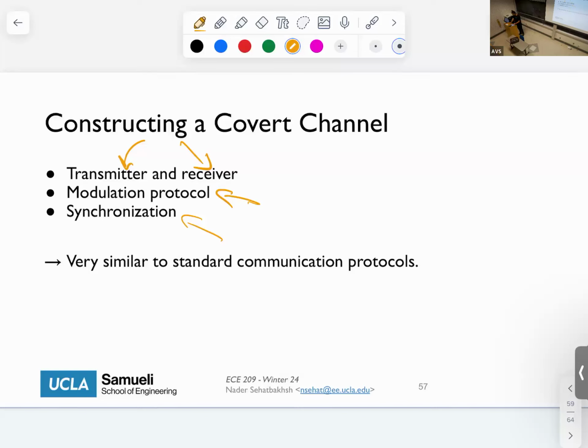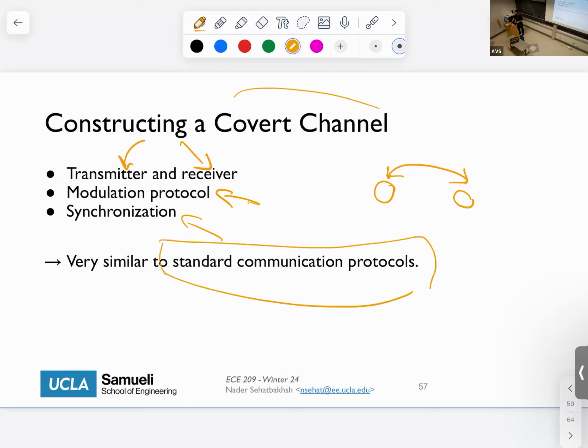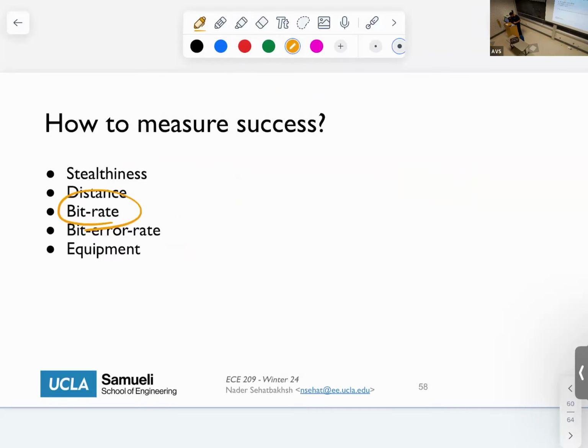For example, for synchronization in regular systems, you have very synchronized clocks so that they can have the same understanding of the time. But in covert channels, you don't have that. So you have to come up with your own creative methods to do this. But in general, lots of these parts are shared with standard communication protocols. If you have taken any communication course, you are probably familiar with many of these things.